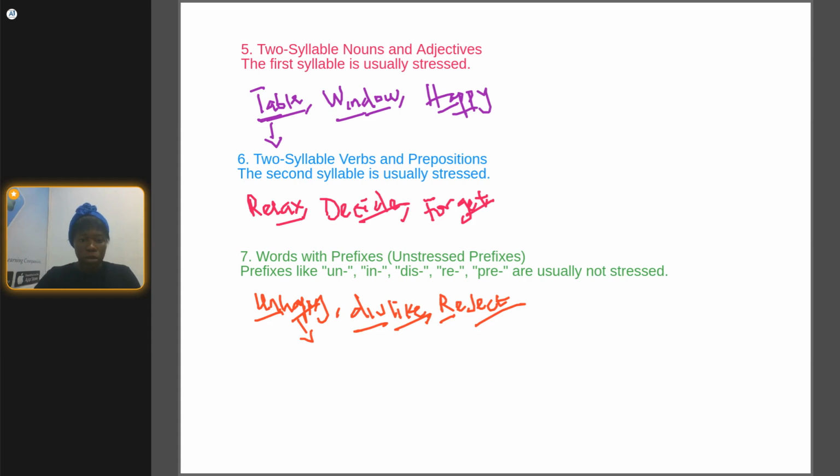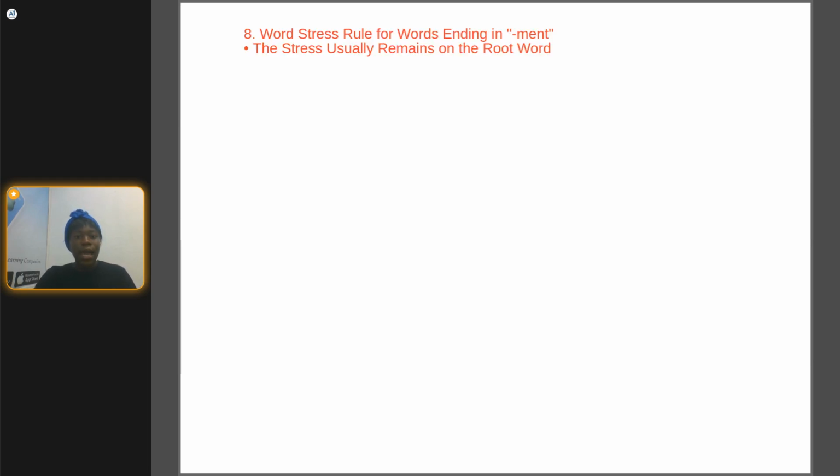Let me wipe the board so that we can have a clear view of what I'm saying. We are looking at words ending with ment, and we know that ment is a suffix. Just like I mentioned for prefixes, the suffix has nothing to do with stress. You're focusing on the main word.